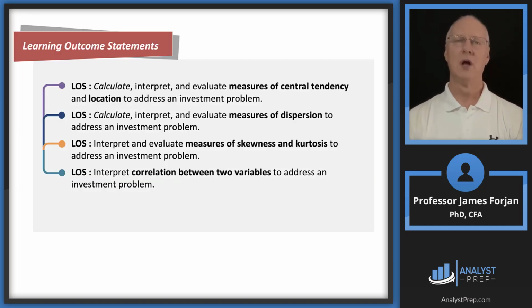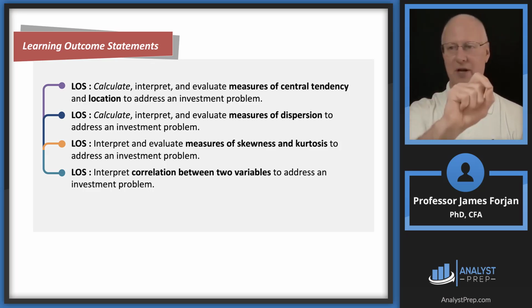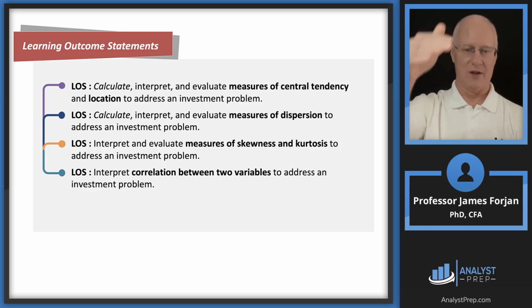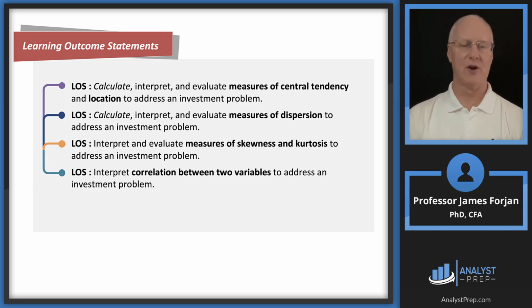That takes us through our learning outcome statements. So what I want you to do, and this is really the easiest thing for you to do right now, is get out a piece of paper and write down at the top of the piece of paper, stock returns, and write down 10 stock returns over the last 10 years. Just do -14%, -8%, 27%, just do 10 of those things, right?